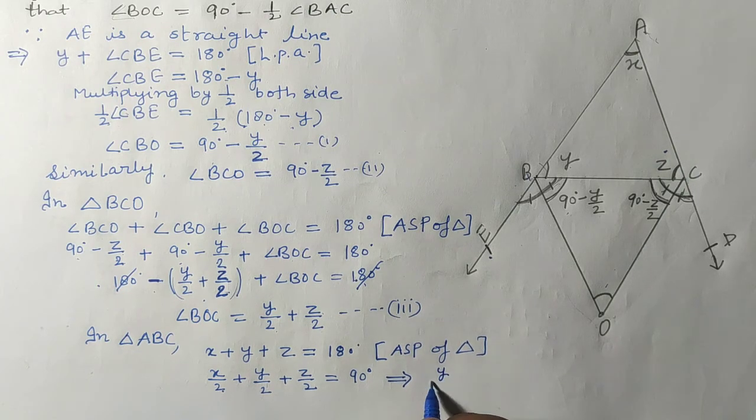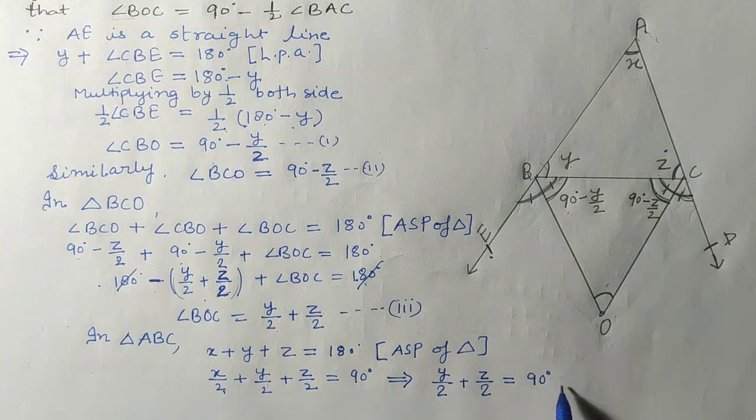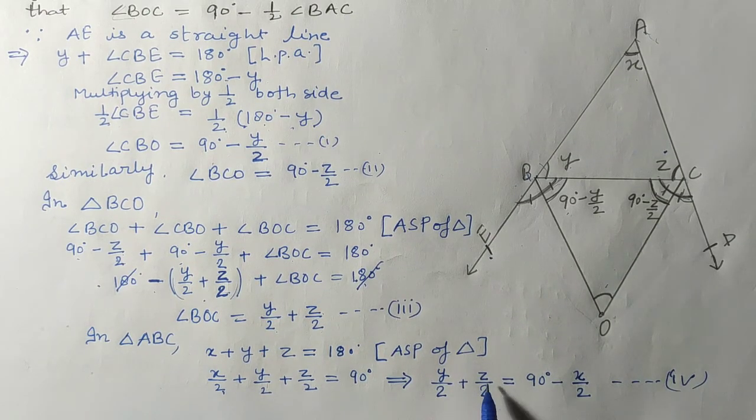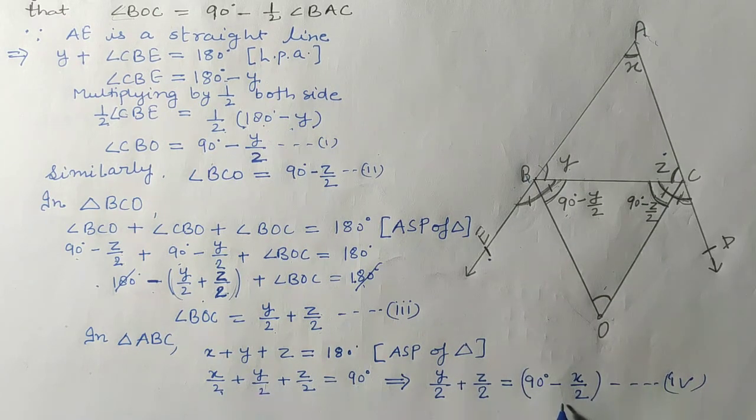So y by 2 plus z by 2 is equal to 90 degree minus x by 2. So this is the value of y by 2 plus z by 2, that is 90 minus x by 2, and we will put this value in equation number 3.